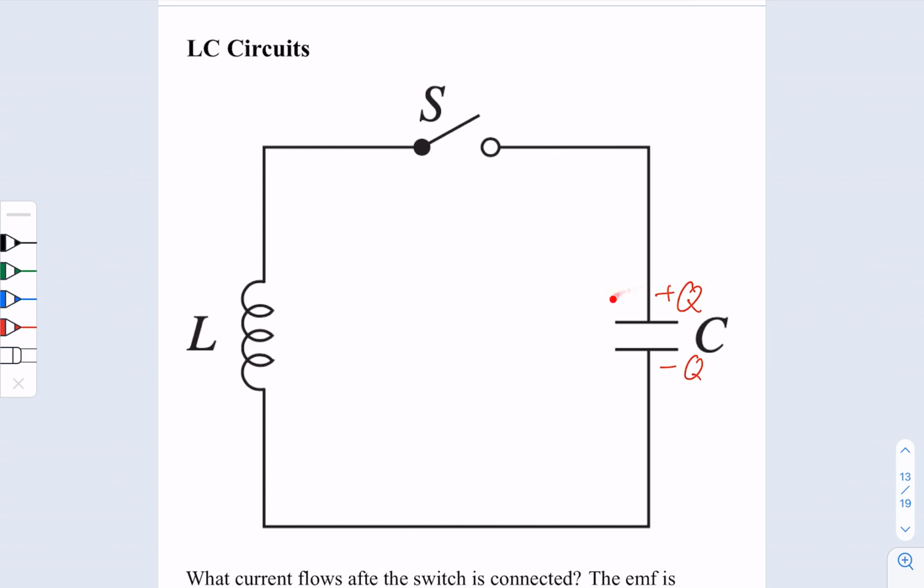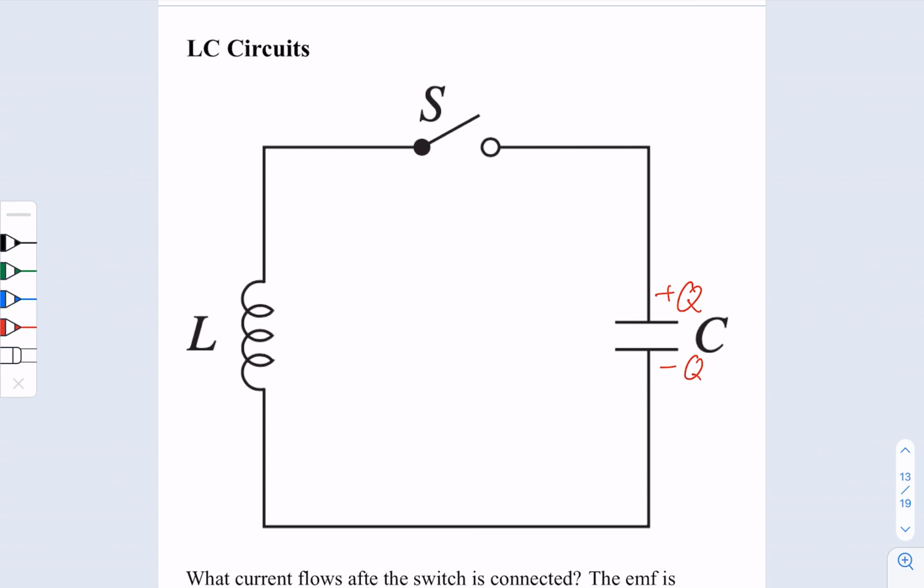So initially, the energy is stored in this capacitor, and now as you turn on this switch, there will be some current running on this loop. So the charge will flow from one side to the other side, but it cannot flow too quickly because of this solenoid. And this serves as a damping force for this capacitor's current.